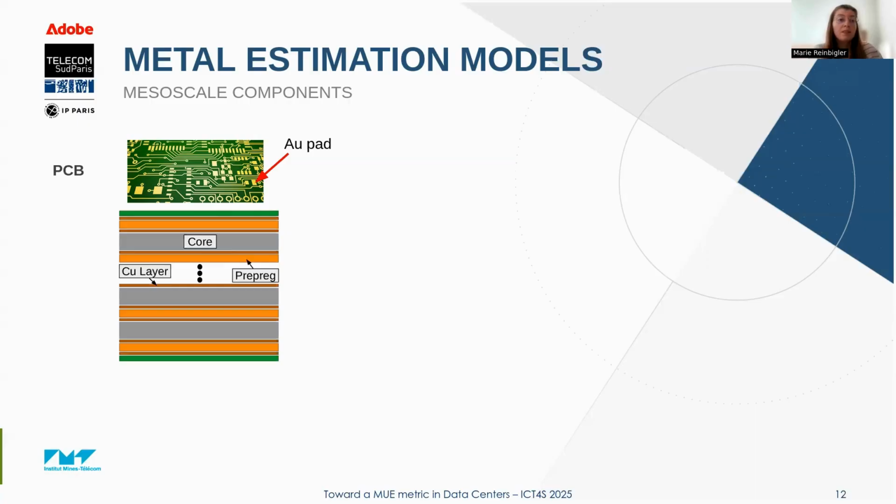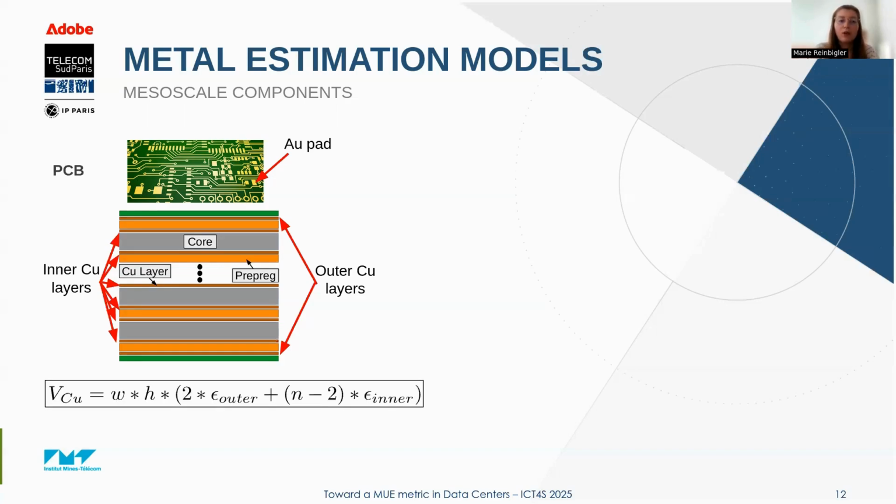interconnections. A PCB can be seen as a multi-layer cake where we have at the extremities outer copper layers and inside a set of inner copper layers of different thickness. And actually we just reproduce the same pattern, which is a copper layer followed by a prepreg layer followed by a copper layer followed by a core layer and followed by a copper layer again, and we just reproduce it as many times as we have layers.